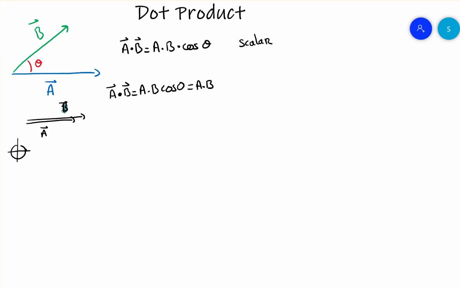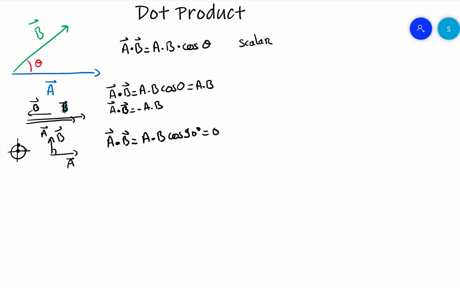If B was in the opposite direction, but still on the same line of action, the vector A dot the vector B will be equal to minus the magnitude of A times the magnitude of B. Now if A and B are perpendicular to each other, the dot product A dot B will be equal to A times B times cosine 90 degrees, and cosine 90 degrees is 0, so it's equal to 0.